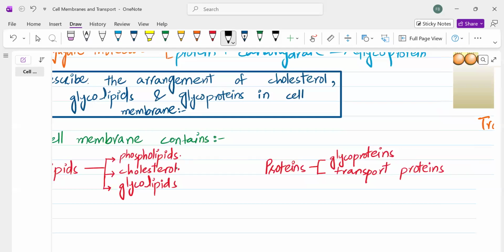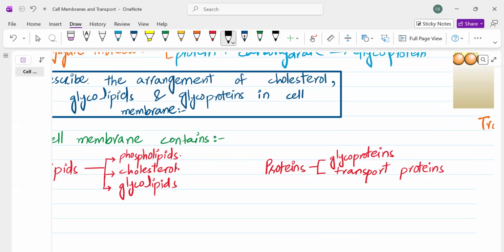Sometimes the cell has to respond according to the situation. In that situation there are receptor proteins as well. They receive something, just like the concept of antibodies. Receptor proteins will be working there. This was about the arrangement of these things.